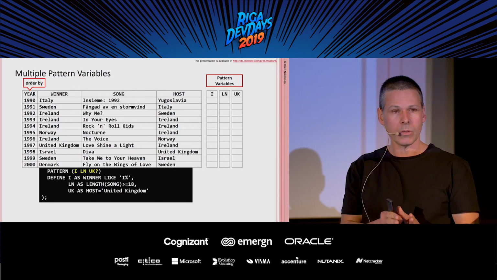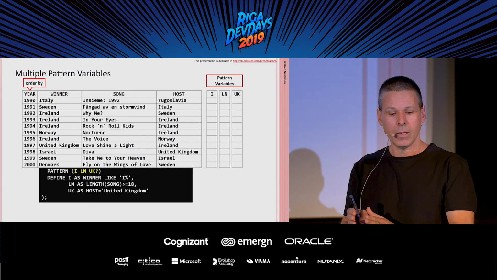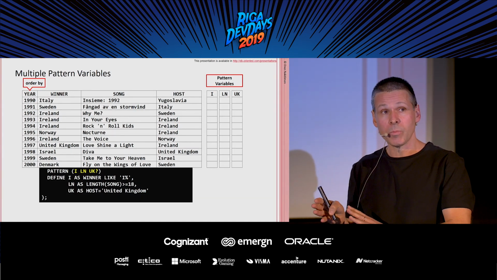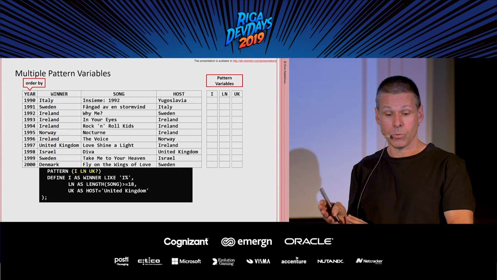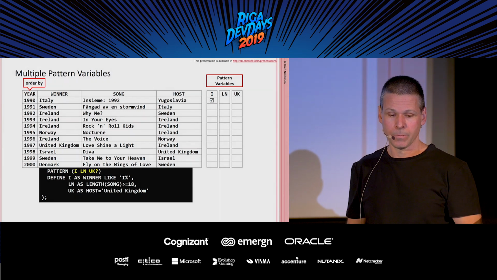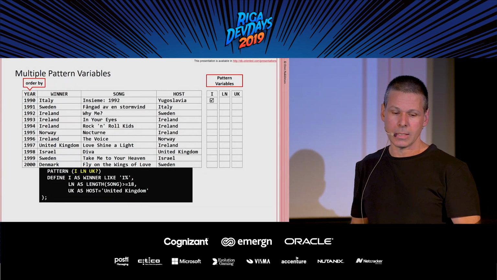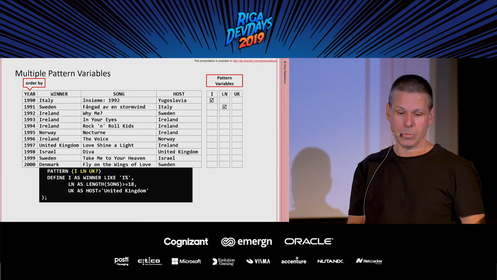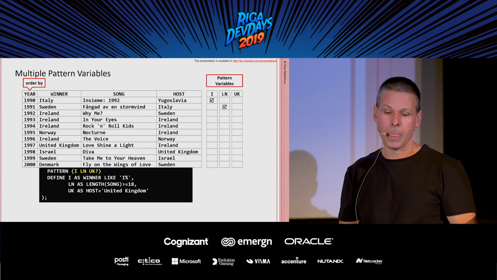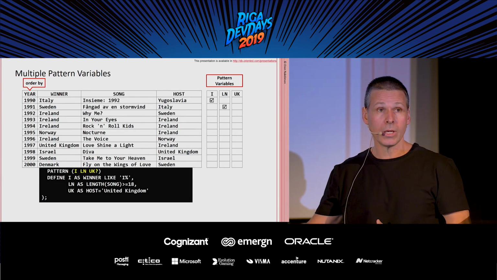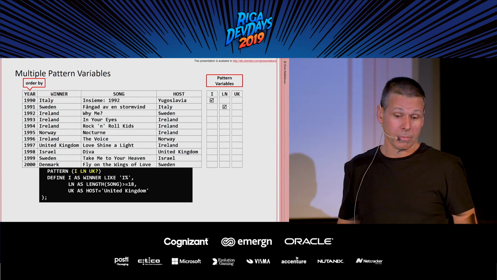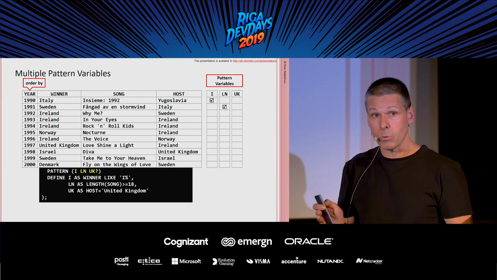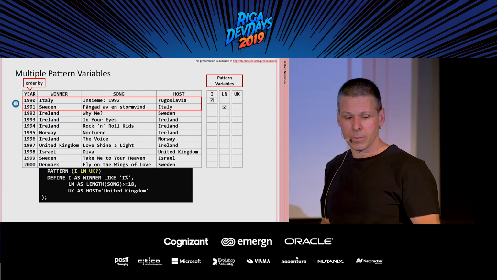We are looking for an I record followed by LN, optionally followed by a UK. UK question mark means 0 or 1. So this is an I record followed by an LN because the song name is long. And we don't have a UK to follow, but it is okay because the pattern said UK question mark. So this is our first match.